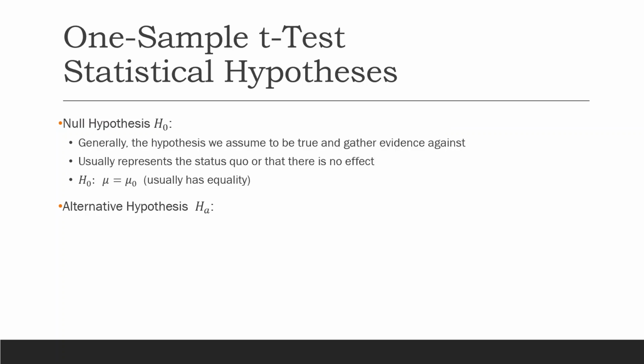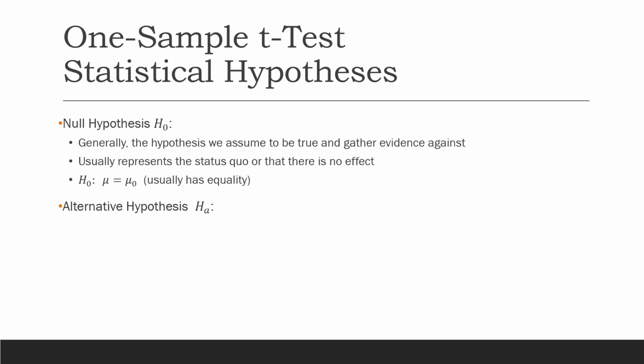The null hypothesis is generally the hypothesis we assume to be true and we want to gather evidence against. So we assume that this is true and we gather evidence against it. It usually represents the status quo, or that there is no effect if we're doing an experiment.